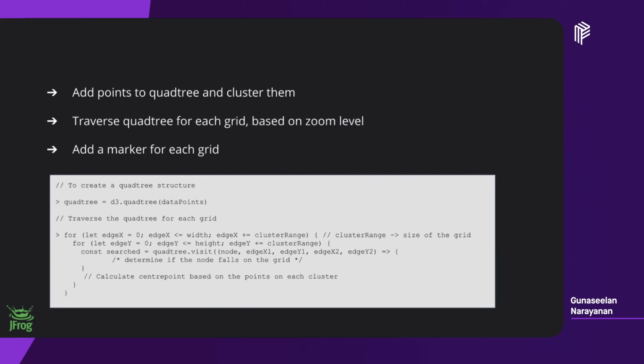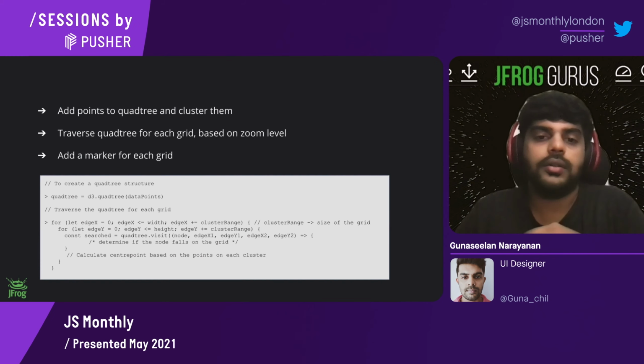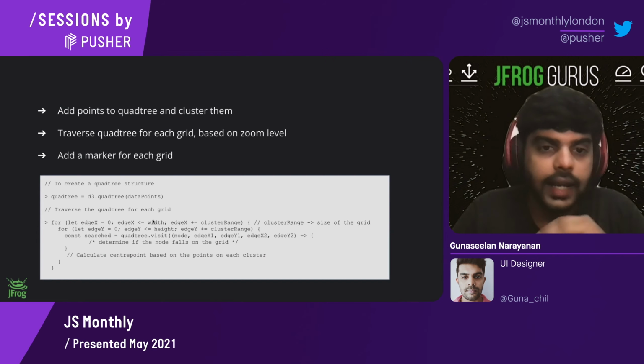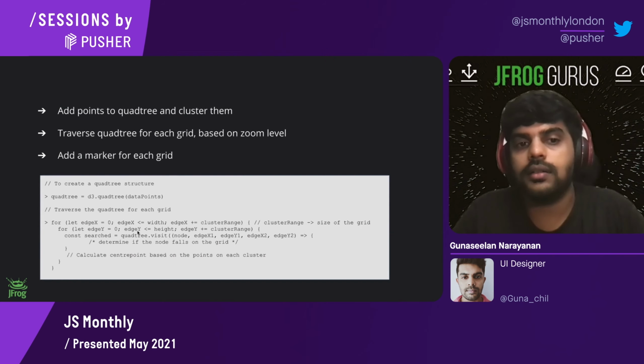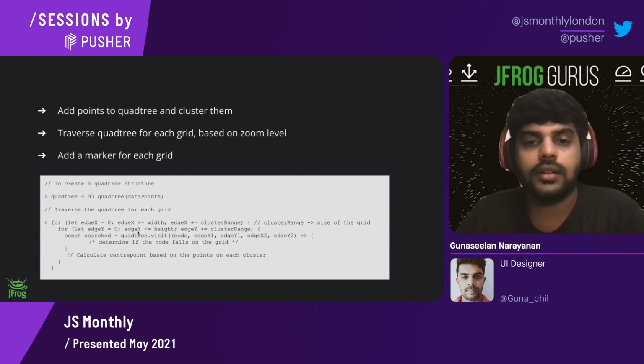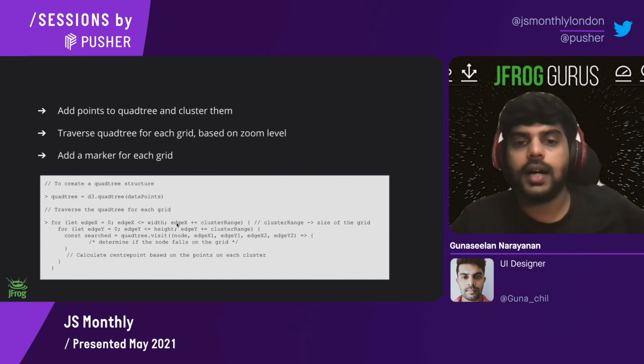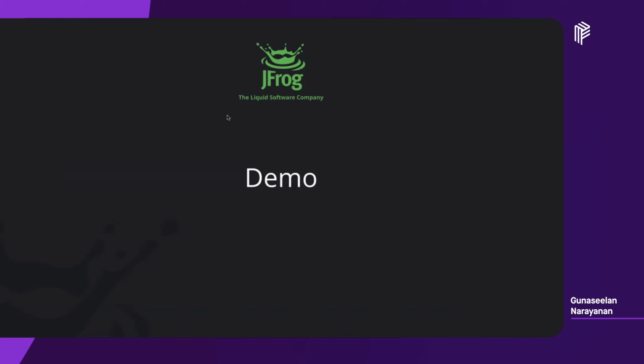Suppose there are 2 points, you have to calculate the middle point to show the marker. You cannot show a marker in just any place you want. You can easily calculate the middle point with the sizes of the edge x and edge y. You're going to place the marker on the middle point. Let's get on with the demo.